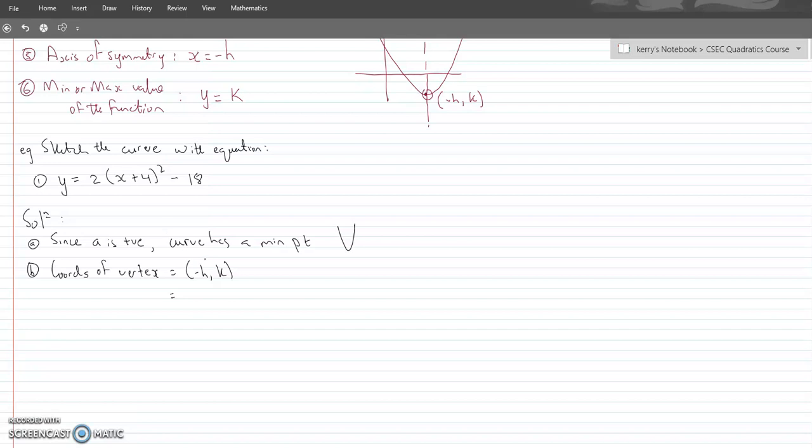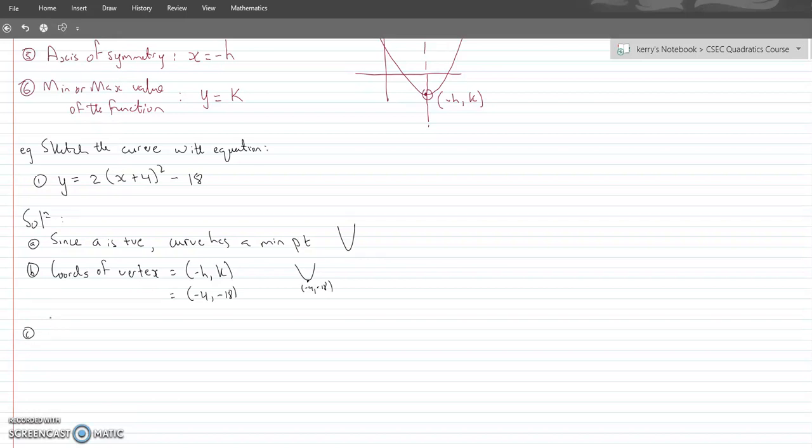This is plus 4, so minus h means minus 4, and k is negative 18. So these are the coordinates of the vertex. The lowest point of the vertex here is minus 4, minus 18, and the vertex in this case is a minimum point. This is why we call this vertex form, because you could get things for the vertex off of it.